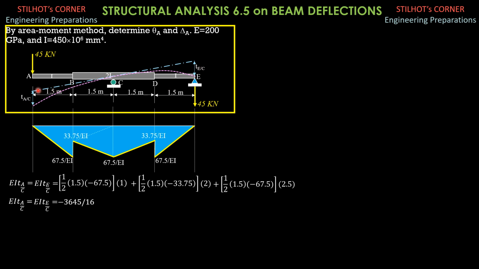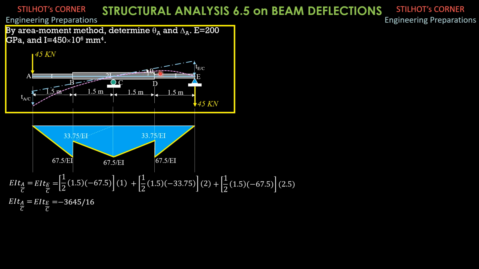But the tangent at C is inclined up to the right, so this is positive. Or from the horizontal to the tangent at C, we have counterclockwise rotation, and counterclockwise rotation is positive. Or you just look at the tangent, it is indeed positive. So that's theta C, which is positive from horizontal to the tangent counterclockwise.